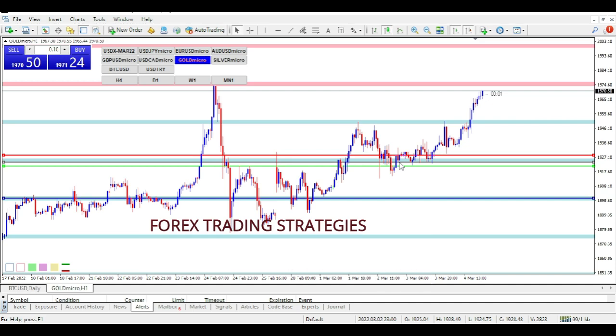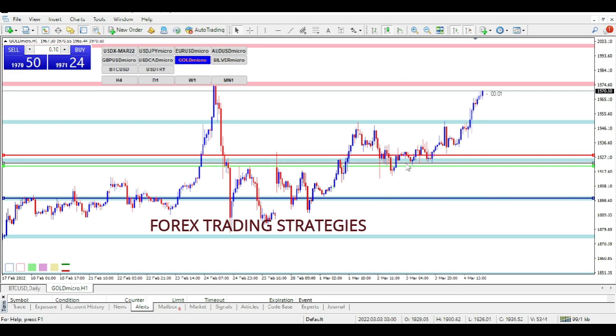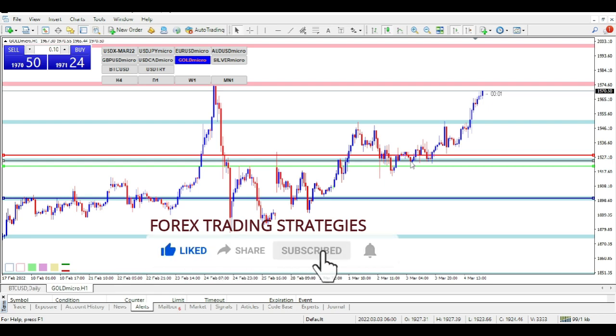The mistake that people usually make is to just let it come all the way and hit their stop loss. That's the mistake that many people make. What I do is, when we are at a point of no return, I can definitely see there is a probability that this move is going to hit my stop loss.